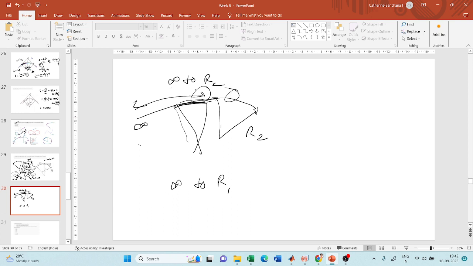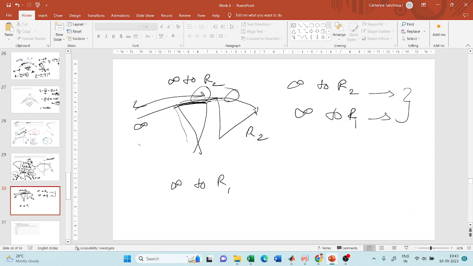So how will I do that? I can do that by finding out the transition curve required for R2, the transition curve required for R1, and I simply have to find out the difference between these two. Only the extra distance is required to make the transition.